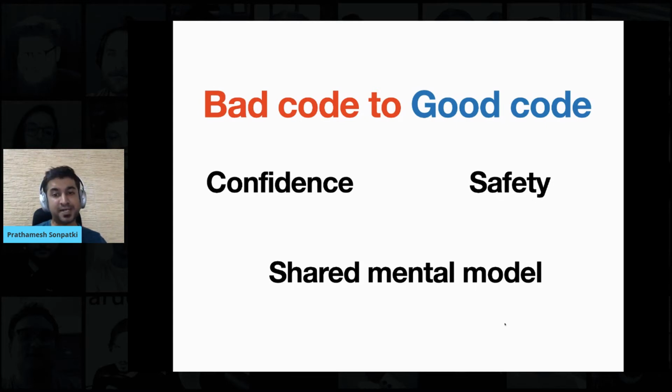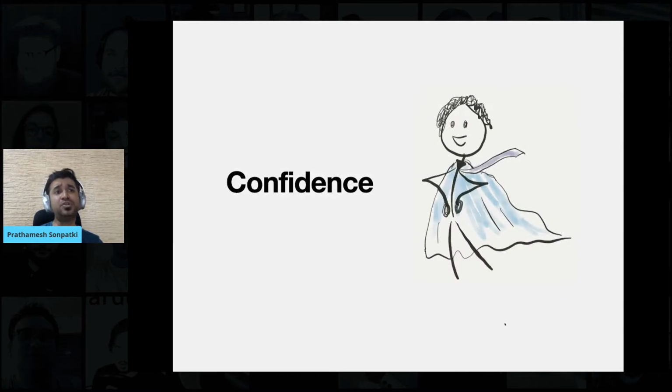And the most important part that sometimes we miss out is having a shared mental model, where other team members or people not from the programmer teams also understand how this particular code base works, what the limitations are, and what specific things it does. So these are the three things that we will be focusing on in this talk, and discuss how we improved on these three points. So let's talk about confidence first.